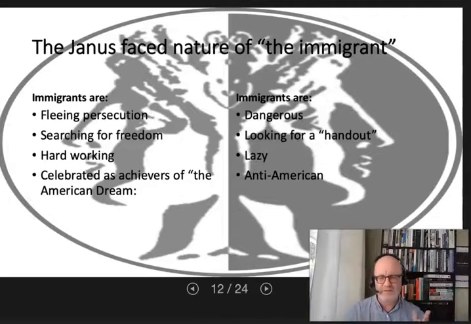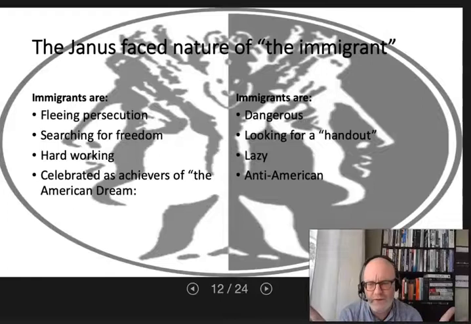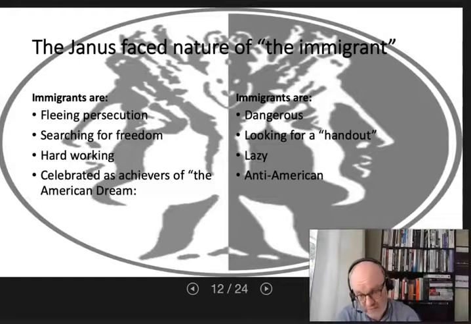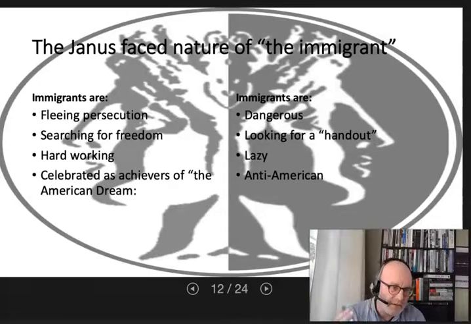We have this contradictory narrative of what an immigrant is, as a thing in your imagination, right? They're dangerous, but they're also fleeing persecution. They're lazy, but they're going to take your job. They're looking for a handout, also going to take your job. They're anti-American. They are American. So all of this is relevant because it's a contradictory kind of discourse.